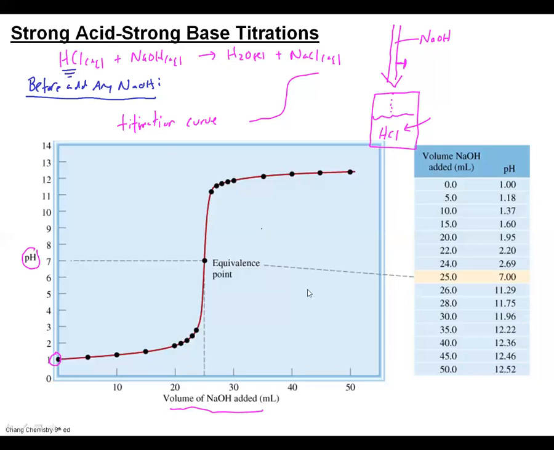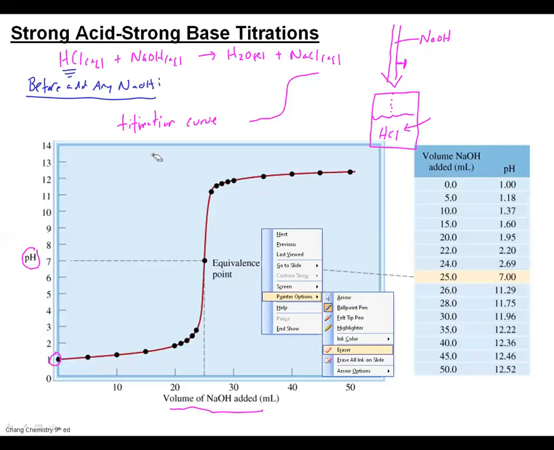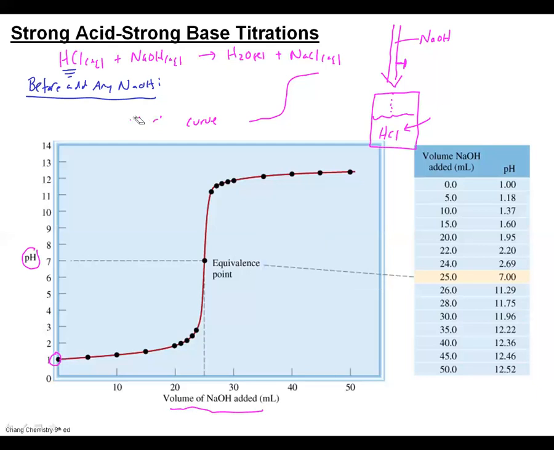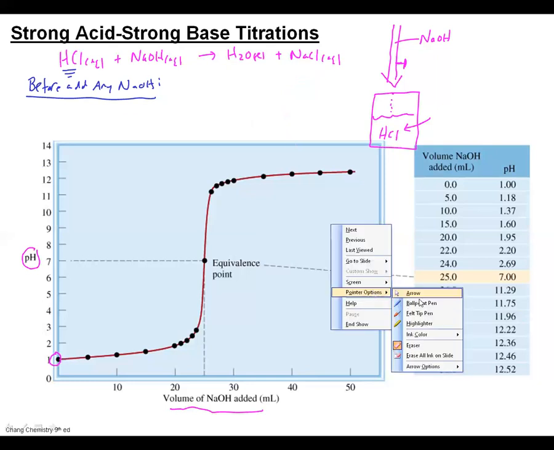As you can see on the right-hand side there, the only thing that we have in that beaker is the HCl.